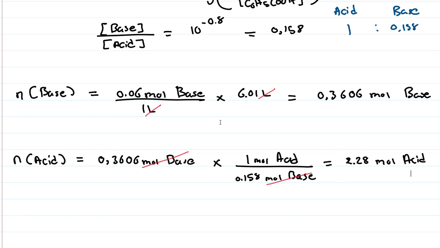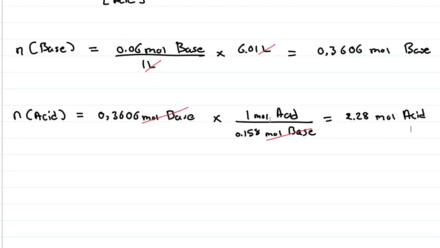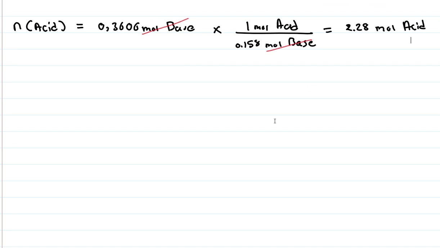the acid in grams, which must be added to make a buffer of pH 5. So now that we have the number of moles of the acid, we can find the mass of the acid.